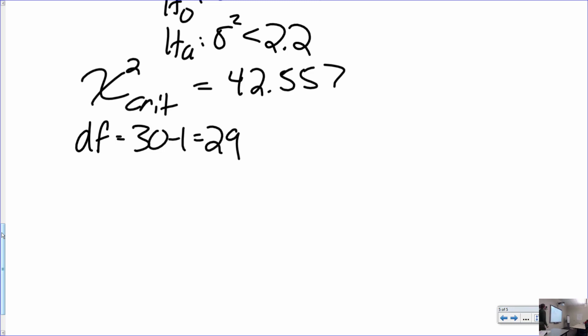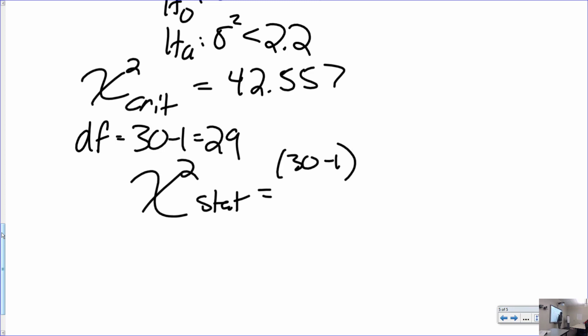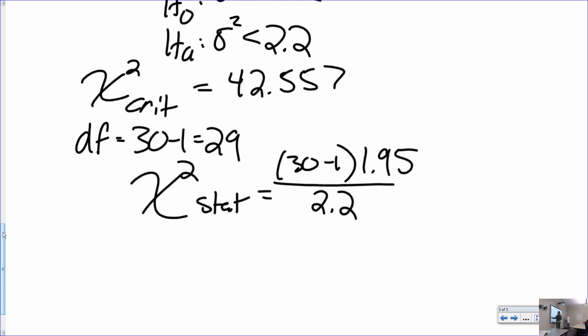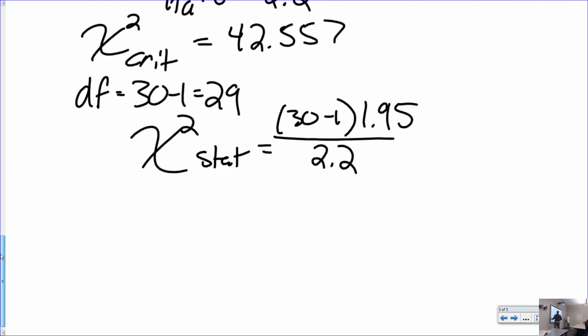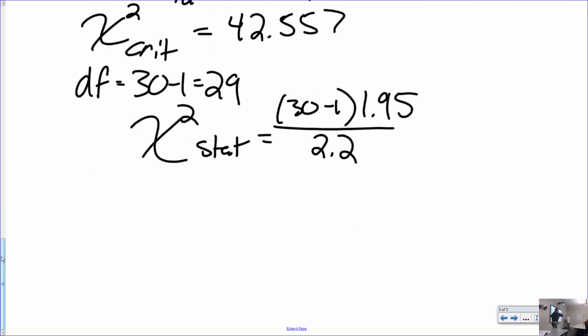So now, what is my chi-squared calculated value? 30 minus 1 times s squared, right? Over sigma squared. What was 1.95, right? Yeah. Sorry, what did you say that number was? 25.7.